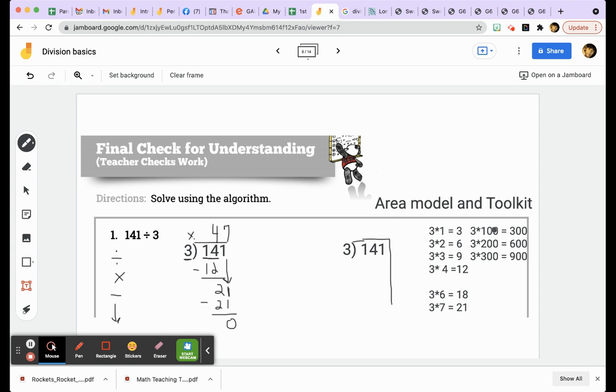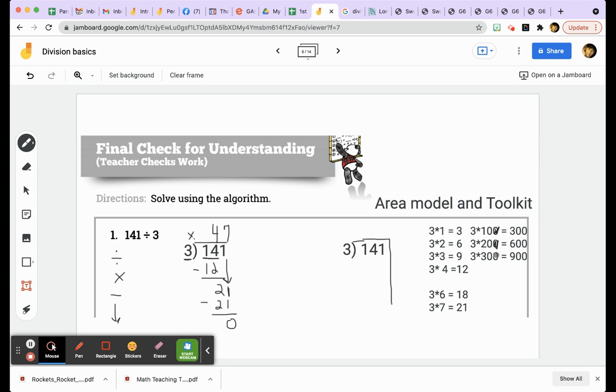So that's why I would have these in the hundreds. Actually, I think what I meant to do is put these by tens.